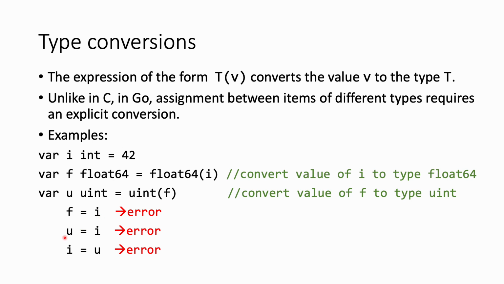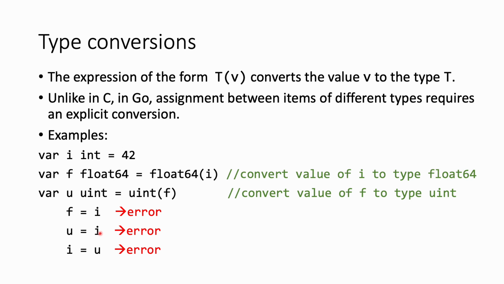Similarly, you cannot directly assign a value of type int, such as variable i, to a variable of type uint, such as the variable u, even if the value of type int is an unsigned value.